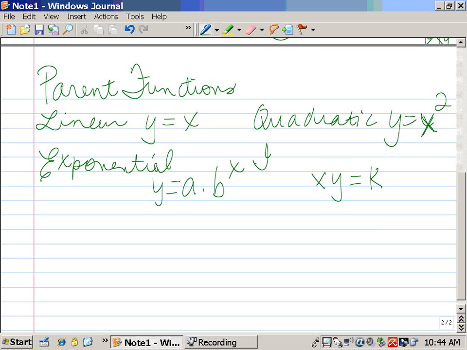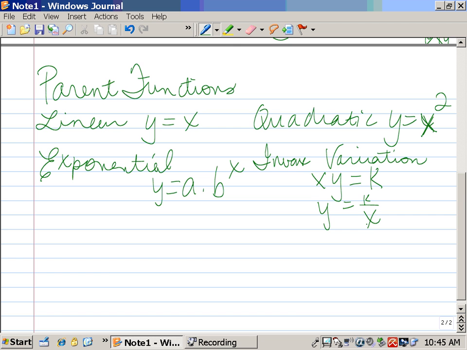Starts with an I. It has a V. Inverse variation. It can also be y equals k divided by x. Okay, I'm going to give you an example, and you have to tell me which one it is.